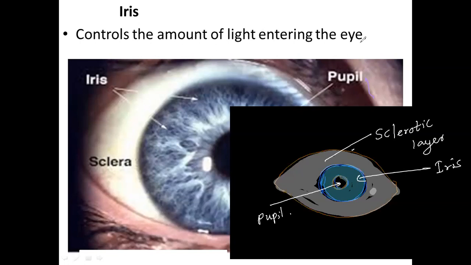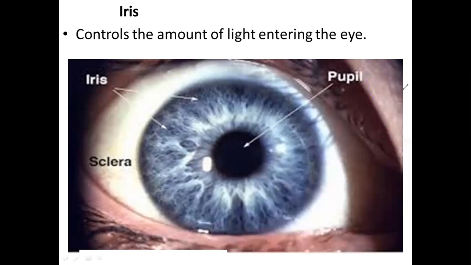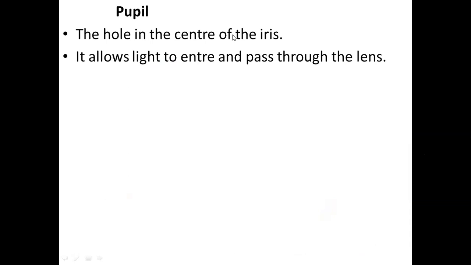I will clear this now. Right. Pupil. The hole in the center of the iris. It allows light to enter and pass through the lens.